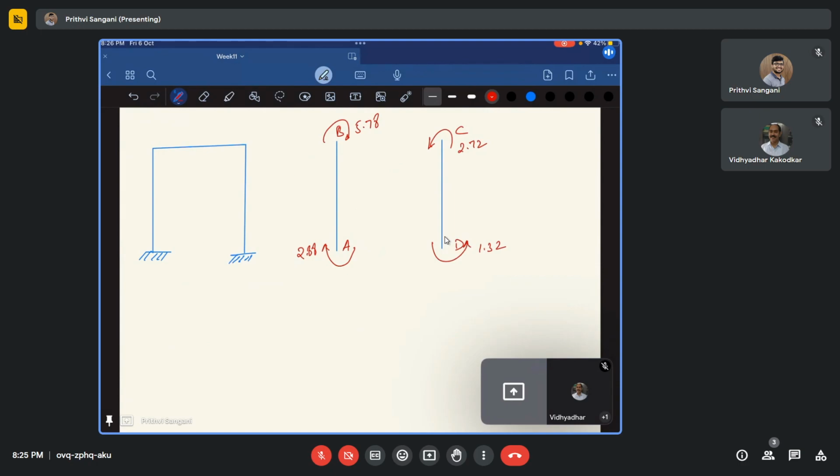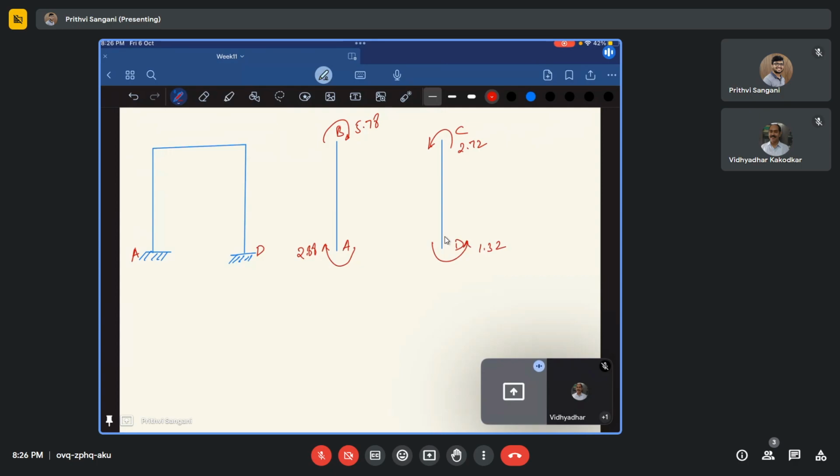Okay. So you need to keep one thing in mind, that at support A, it's a fixed support, right? You also have a horizontal reaction coming from support A and support D, right? So let me just find out what is my horizontal reaction. You can see MAB and MBA are both clockwise.